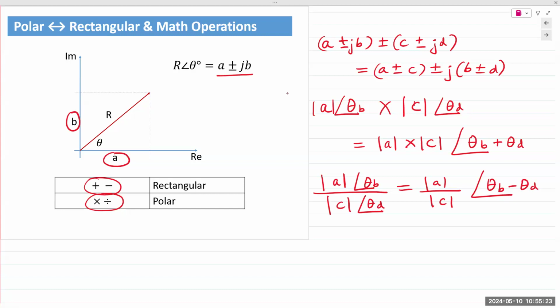This comes from trigonometry, right? It's a vector, so it's a right angle triangle. You can perform any mathematical operation in any coordinate system, but it is easier if you perform addition and subtraction with rectangular numbers and multiplication and division with polar coordinates. Does that answer your question?